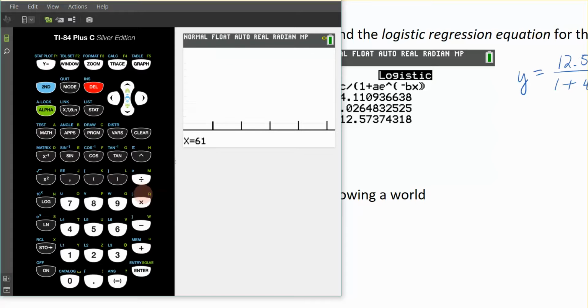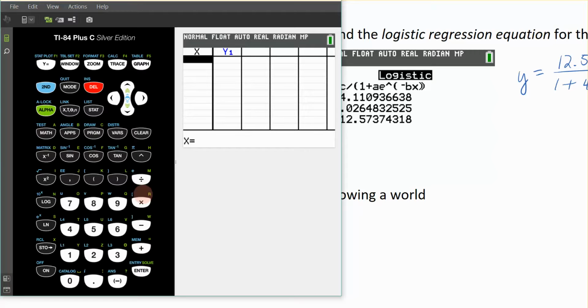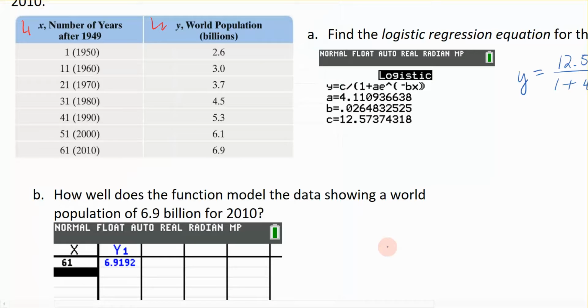Whenever I want to let the calculator evaluate an expression for x, I can do it from the table since the equation's already in my calculator. So I'm just going to let x be equal to 61, and I want it to tell me what y is. It tells me that y is 6.9, so we're going to pull that down so we can see it as well.